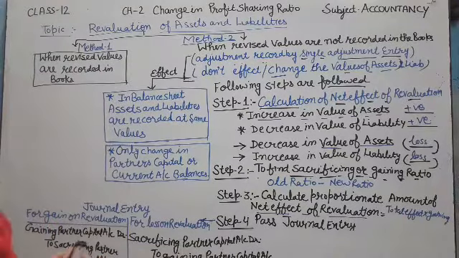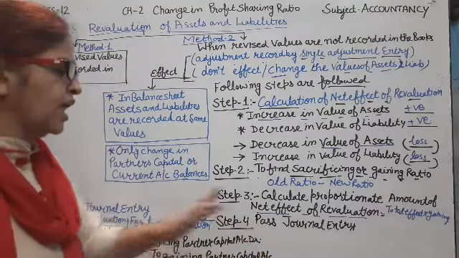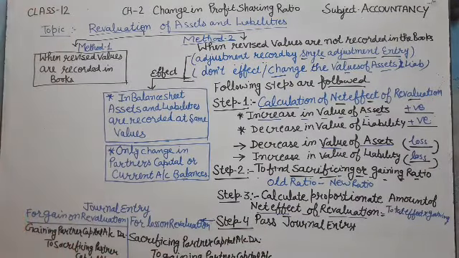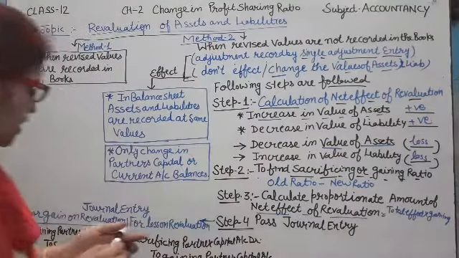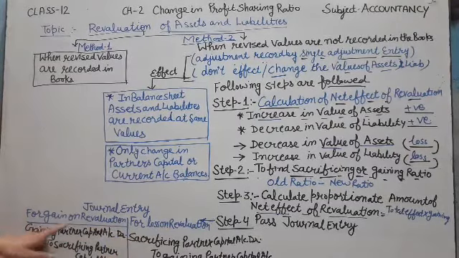And step number 4, pass the journal entry. In step number 4, we pass the journal entry in the books of account for gain on revaluation. If positive balances are more than negative balances, then it is a gain, and we give the journal entry: gaining partner capital account debit to sacrificing partner capital account.